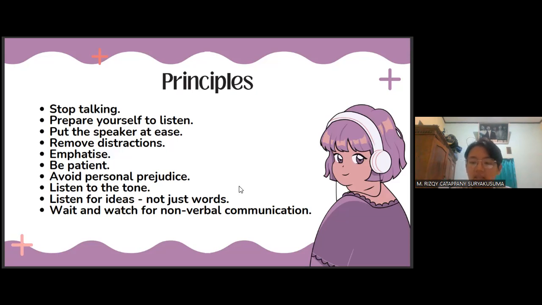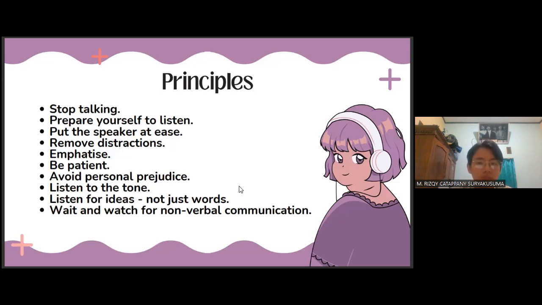And next is avoid personal prejudice. Personal prejudice is having a negative attitude toward people. So we have to avoid any of that. We do not want to have any negative attitude toward anyone. So that's why we have to avoid that. The next one is listen to the tone.